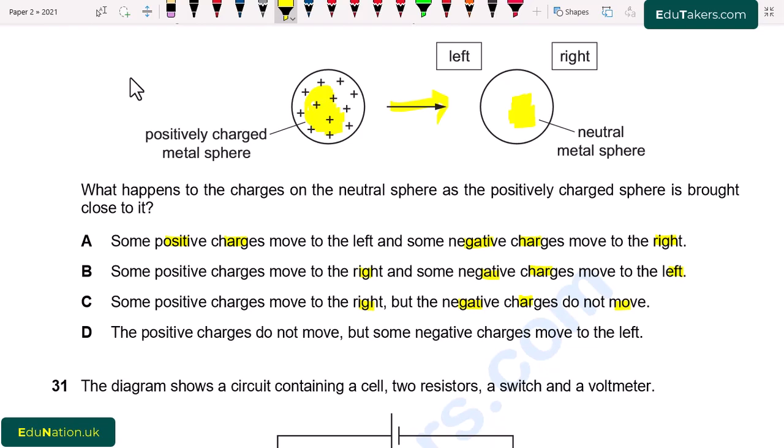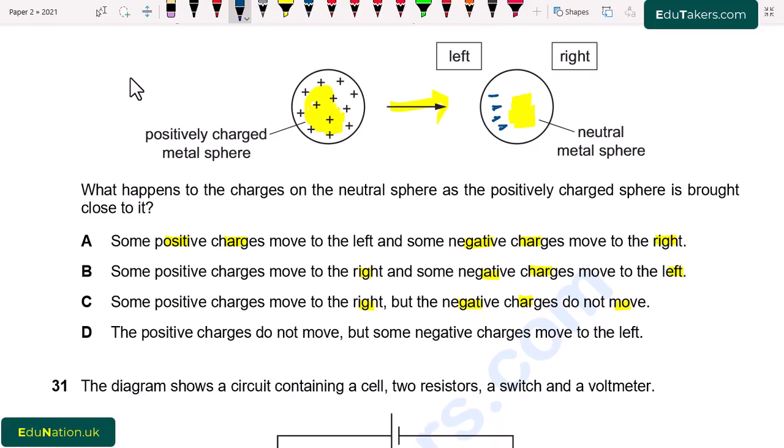So first of all, we can see here that there is an attraction between them, due to which the positively charged metal sphere moves towards the neutral metal sphere. It means that on the left side there will be negative charge, due to which positive and negative charges attract each other.